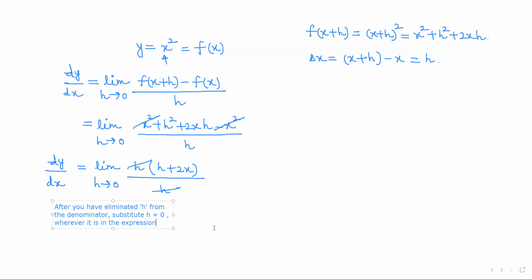This is the operation which we need to perform. So let's substitute it. After applying this, dy by dx is the limit. Now we don't need this because we are substituting the value of h as 0. So we are substituting h as 0 in this case. So we get 2x. So this is the differentiation of y with respect to x.